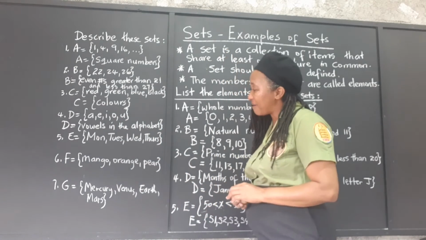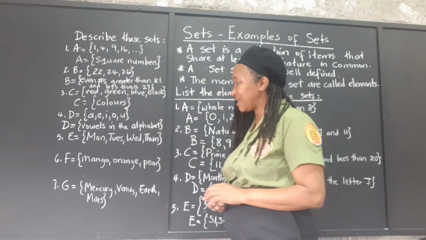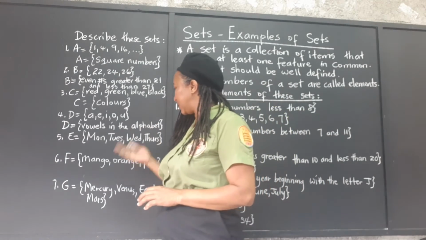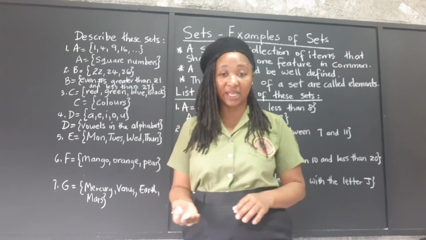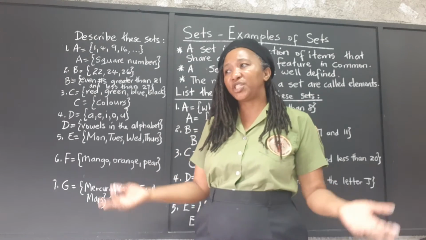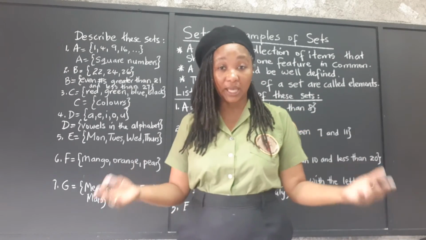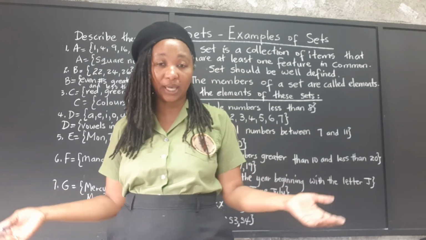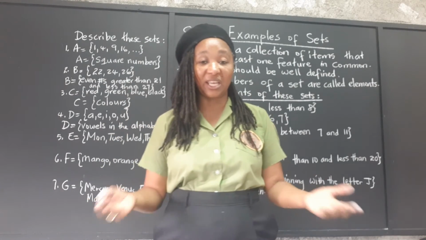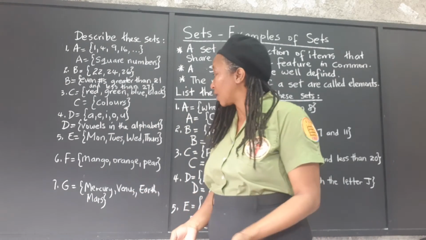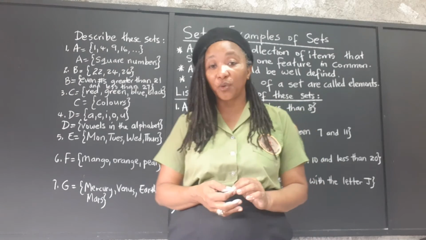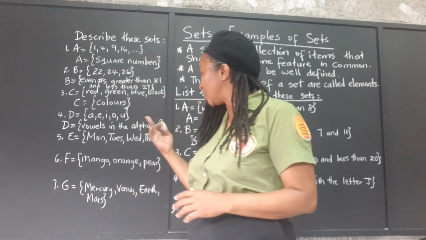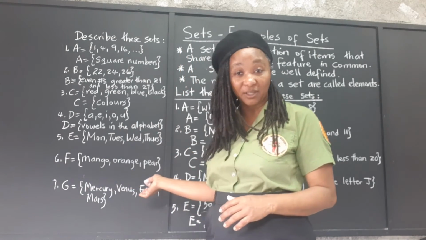So number 5, set E: Monday, Tuesday, Wednesday, Thursday. We could just say days. That's okay. We could say days of the week. We could say days of the week between Sunday and Friday, right?